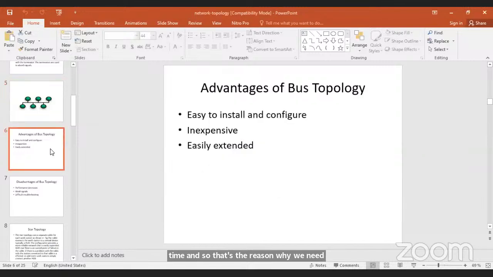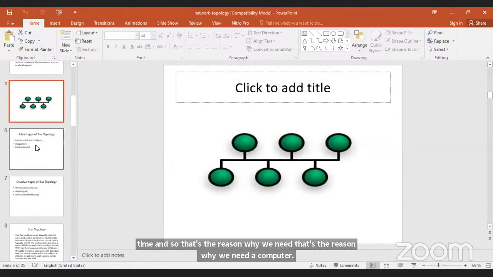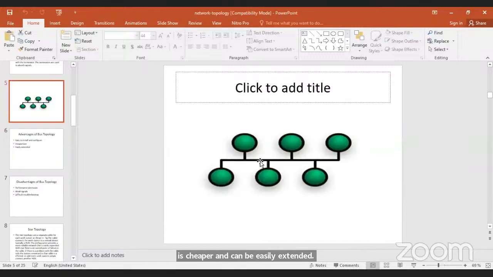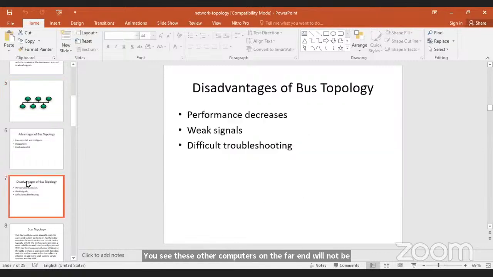So advantages of this bus topology, we say that our bus topology is easy to install and configure. It is cheaper and can be easily extended. But when you have a look at this network, in case this cable breaks here, you see these other computers on the far end will not be able to communicate. So when you increase the number of computers on a bus, there will be a lot of traffic.